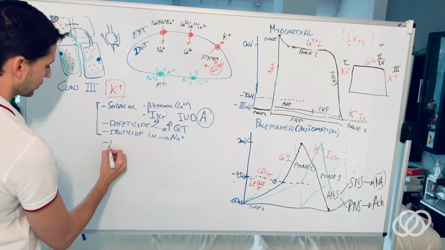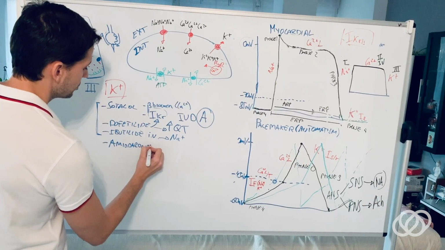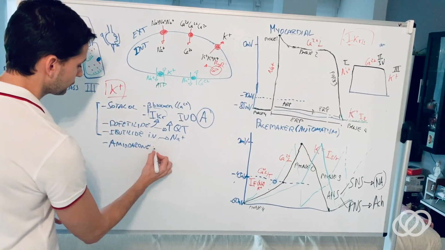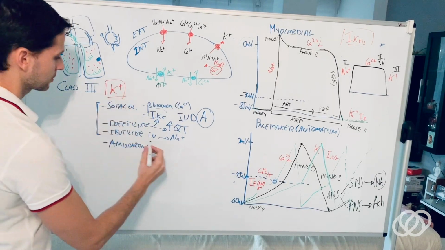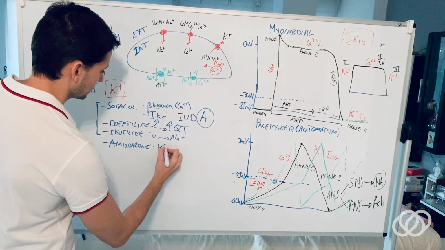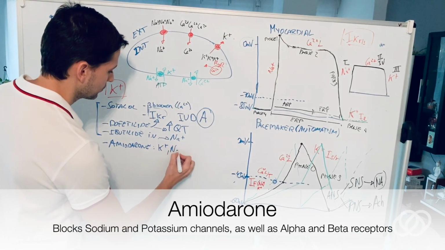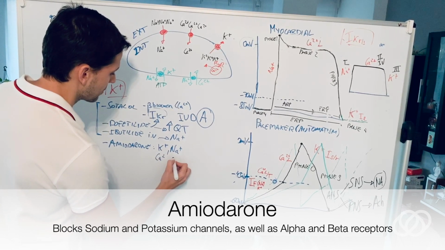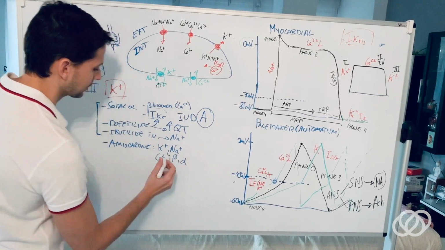One is amiodarone. We use it a lot because amiodarone not only blocks potassium, but is also able to block sodium, is able to block calcium, and is able to block the beta receptors and also alpha receptors.